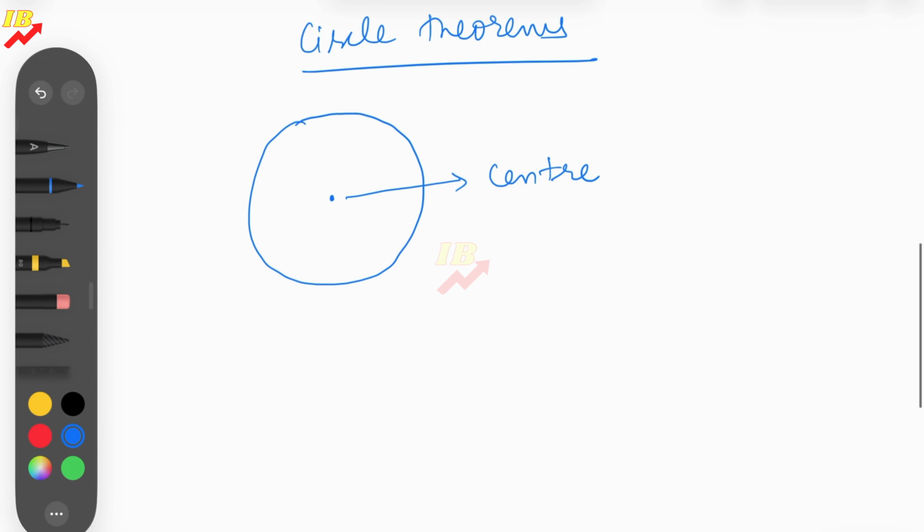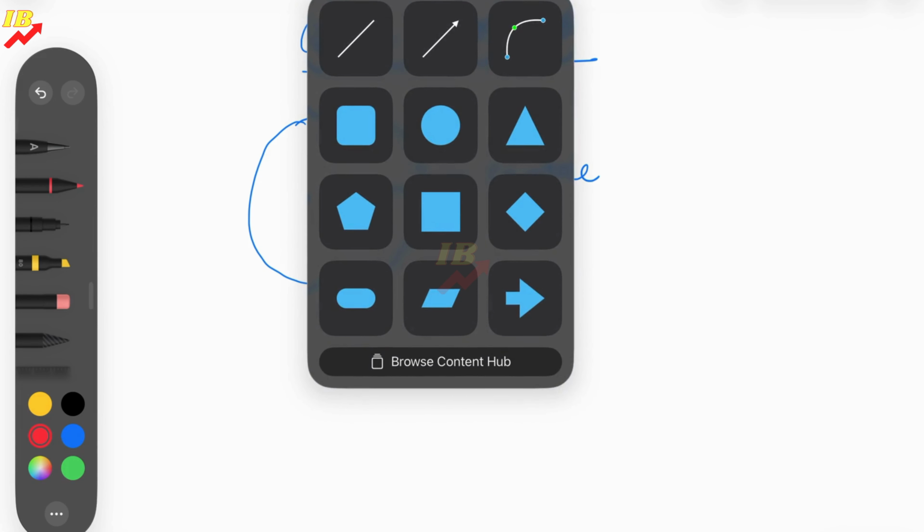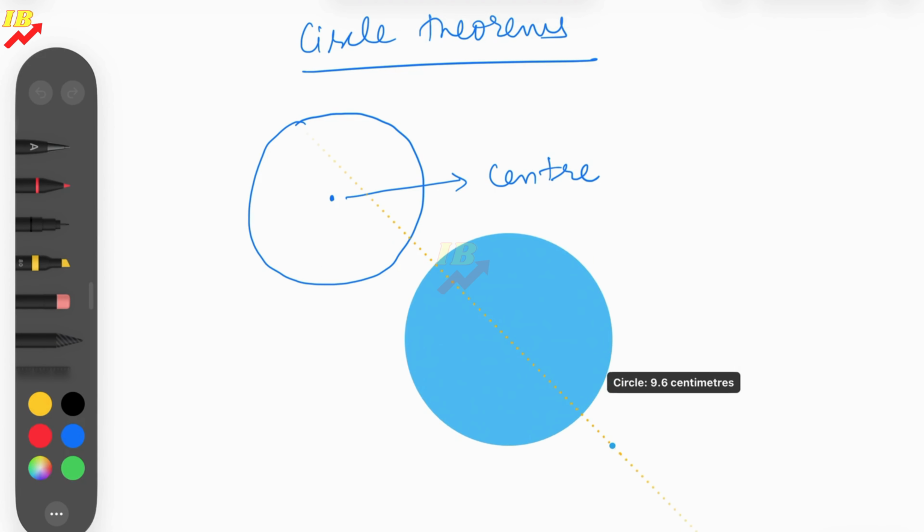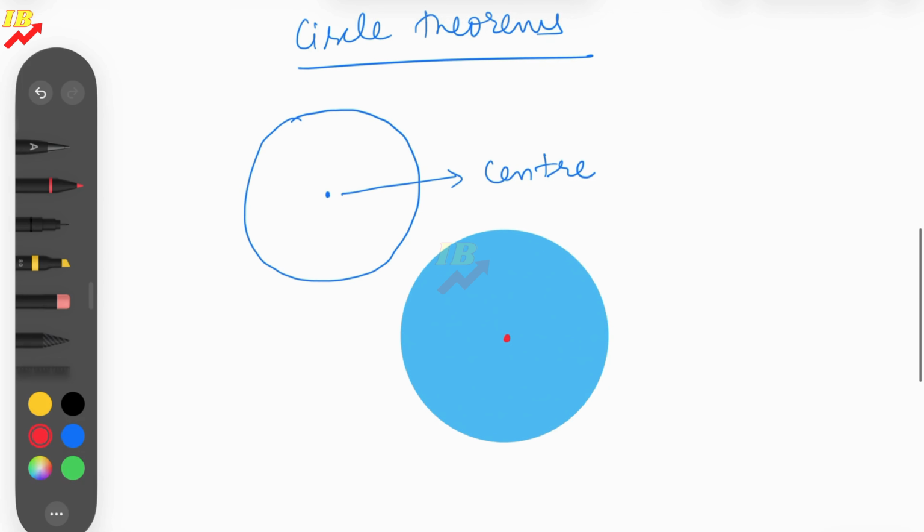Second thing is called radius. So again, if I'm drawing a circle here, as I said, this is your center of the circle, and if you are drawing a line which goes like this, this line is denoted with r, and it is also called the radius of the circle.